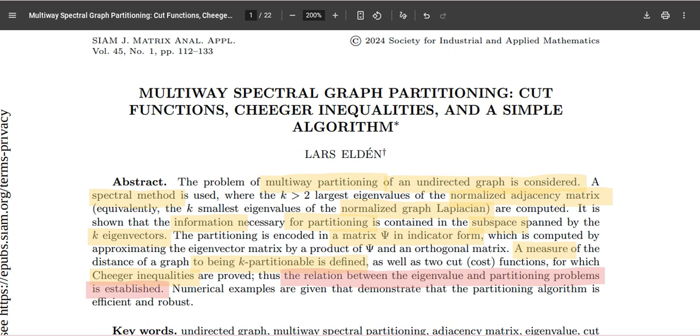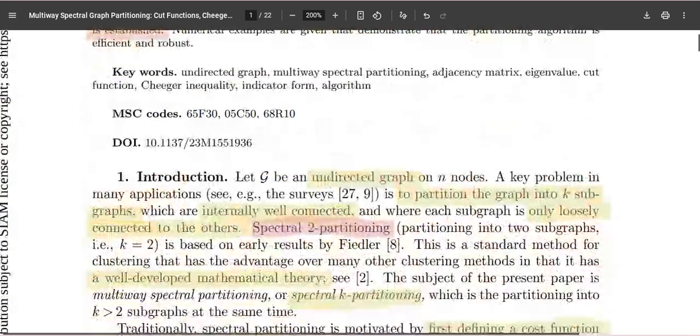So the crux of the paper is that there is a well established relation between eigenvalues of the normalized adjacency matrix or normalized graph Laplacian, and the way to partition the undirected graph into k greater than or equal to 2 parts is well established. Let us go through this paper.